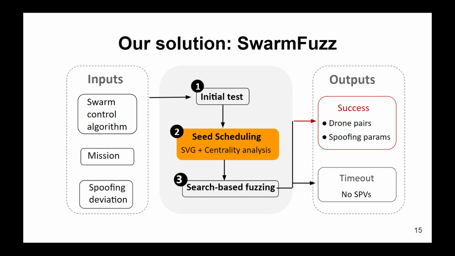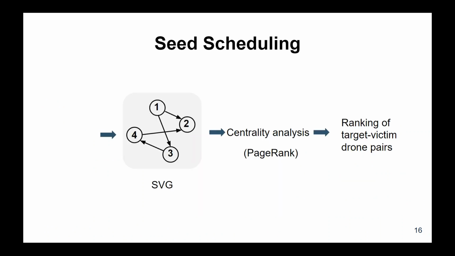First, let's take a look at the C-scheduling part. As we mentioned before, we want to select the most influential drone as the target drone, and the drone under the most influence as the victim drone. To do such a selection, we want to measure the influence of each swarm member. Therefore, we abstract the swarm as a graph to model the interaction between these members.